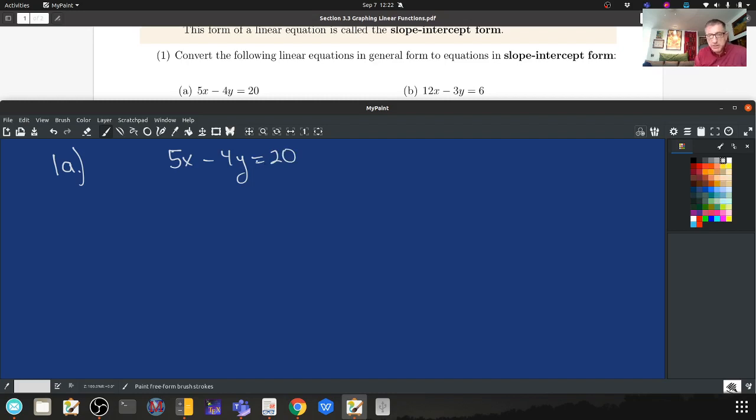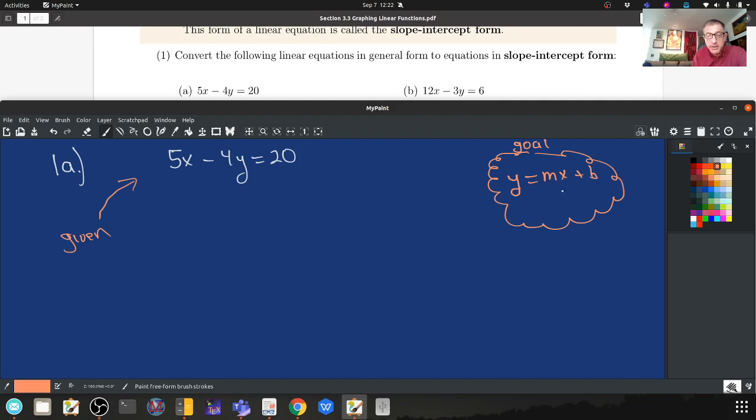So notice this is a linear equation in the variables x and y, so that means it's going to have an associated graph. This is what we're given, and this is our goal. Our goal is to convert it into the form y is equal to mx plus b.